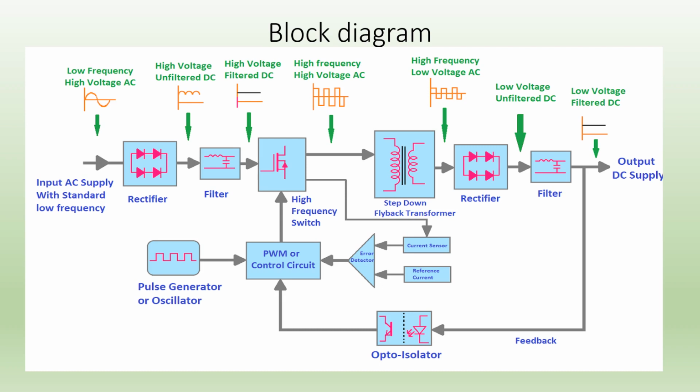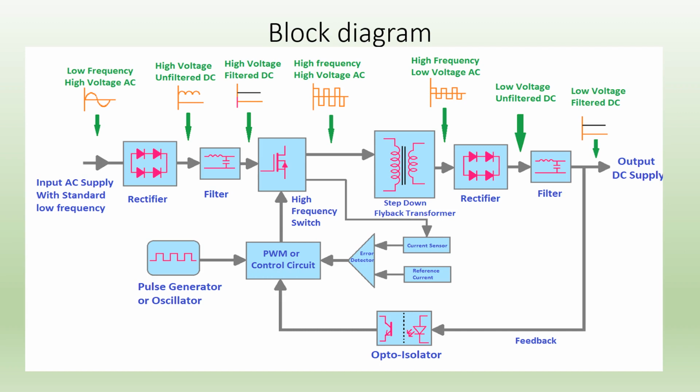So here you can see PWM or control circuit. Here are the two inputs. One is the current sensing and second is the feedback sensing, which is output voltage sensing. So for the generation of PWM, we require two signals, current and voltage signals.